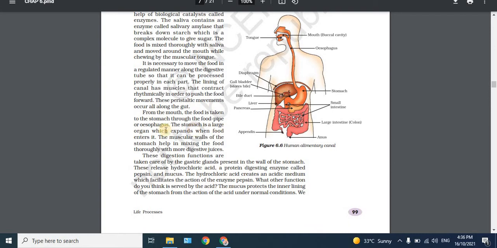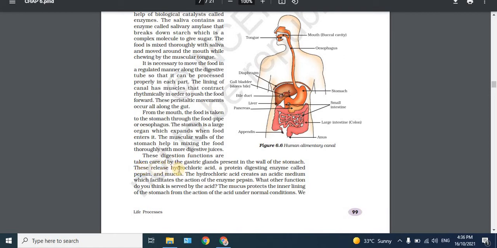The stomach is a large organ which expands when the food enters it. The muscular walls of the stomach help in mixing the food thoroughly with the digestive juice. These digestive functions are taken care of by the gastric glands present in the wall of the stomach.